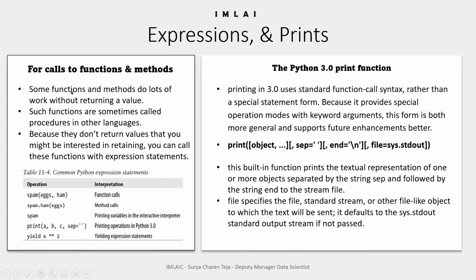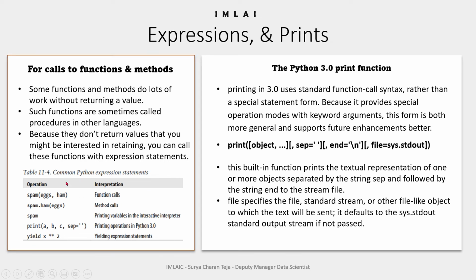Some functions and methods do lots of work without returning a value. Such functions are sometimes called procedures in other languages because they don't return values that you might be interested in retaining. You can call these functions with expression statements.